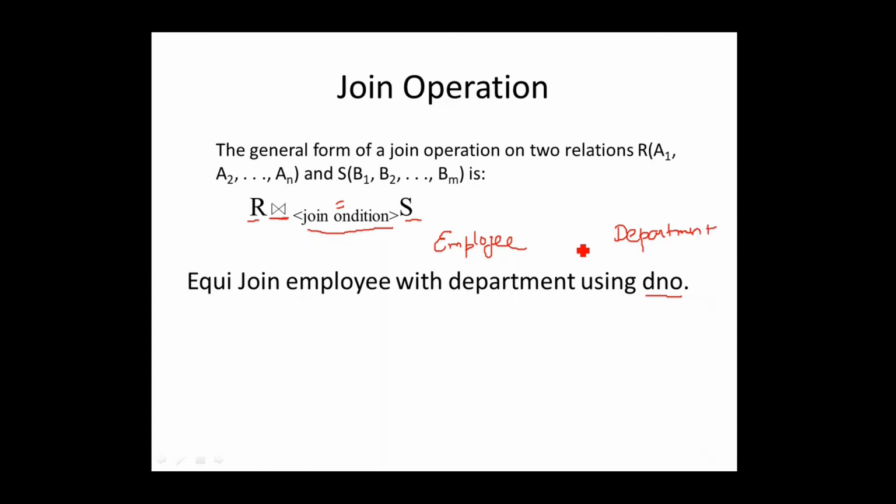Now we'll use the join notation. This is the notation. We have to put the relational algebra notation, and then we have to mention the join condition, that is, department number in the employee table is equal to department number in the department table. So this is how you mention an equi-join in relational algebra.